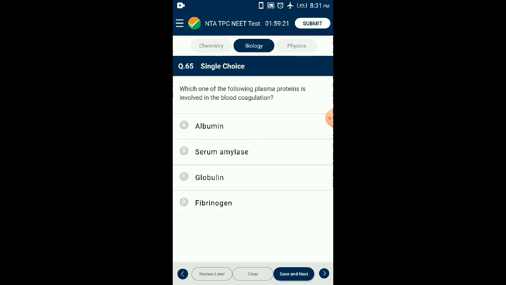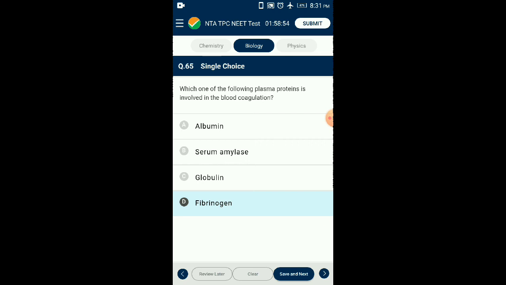The blood plasma consists of proteins like fibrinogen, globulin, albumin, in addition to some minerals like sodium, calcium, magnesium, bicarbonate, glucose, amino acids, lipids, etc. So the clotting or coagulation of blood takes place with the help of insoluble fibrin. So the answer for this question is option D, fibrinogen.